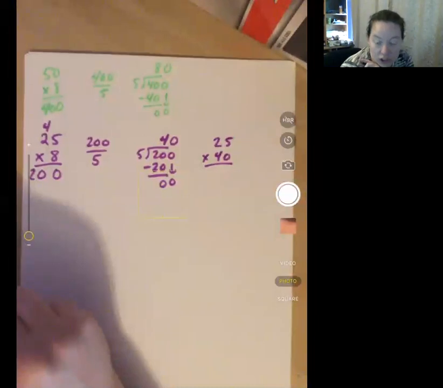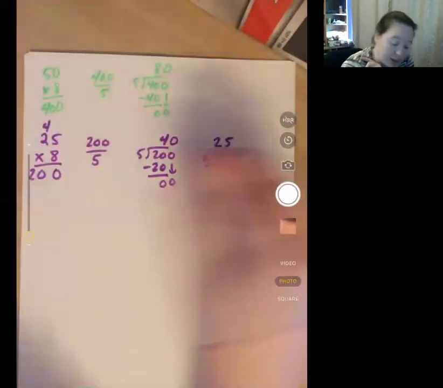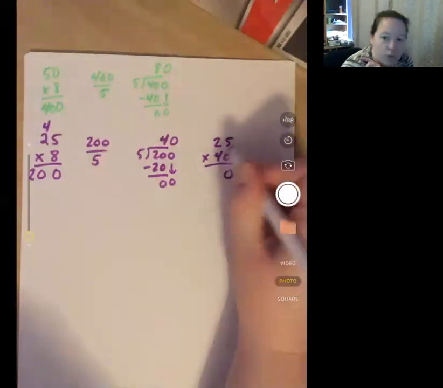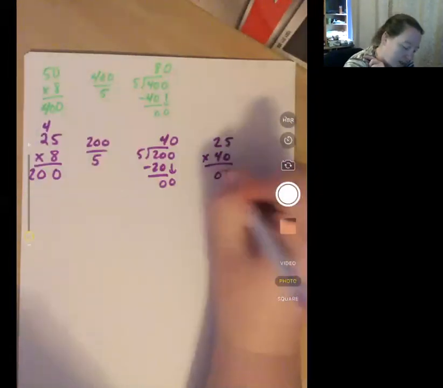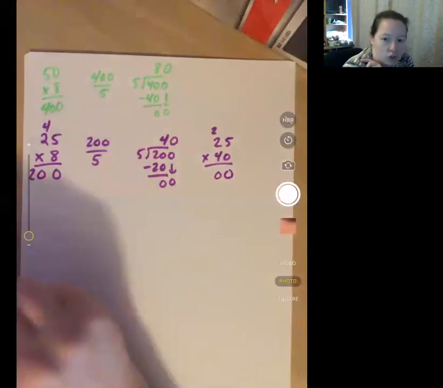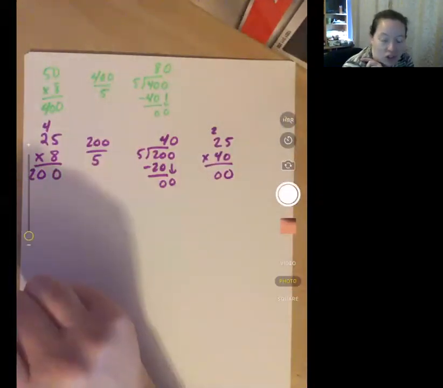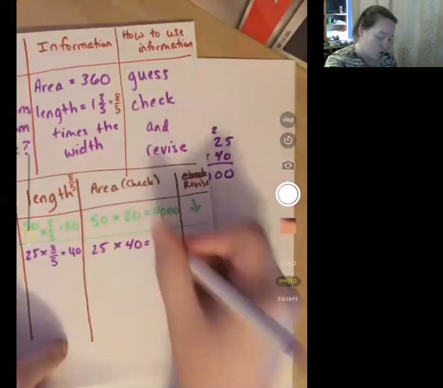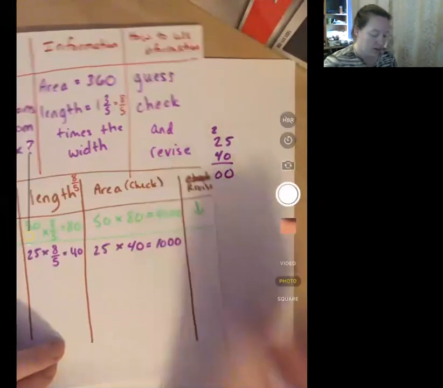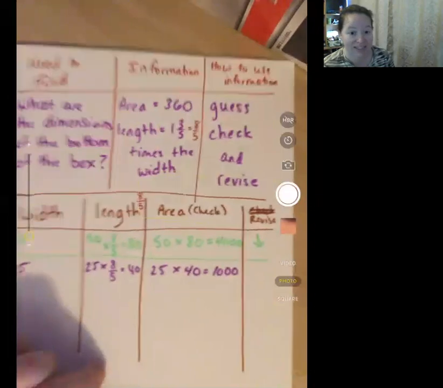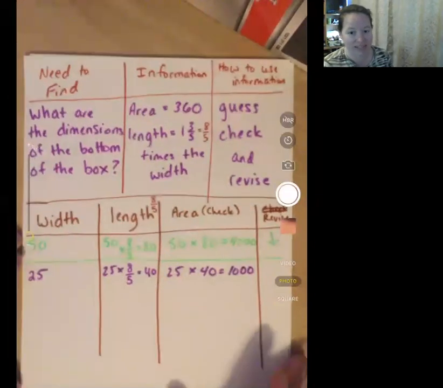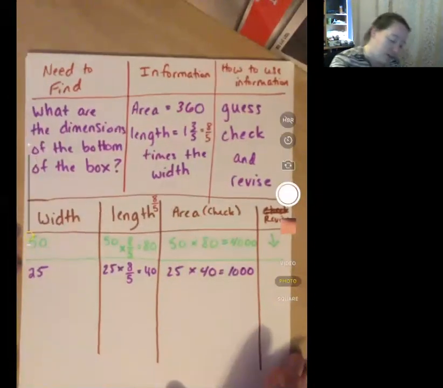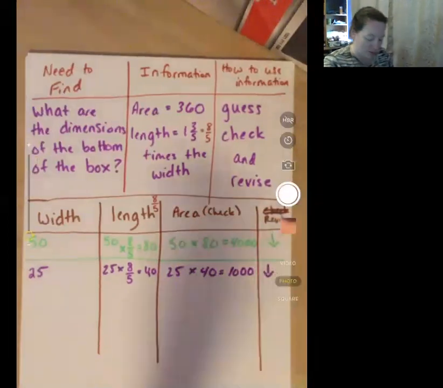That 0 is just going to make everything a 0 in the first one, so I'm not even going to bother with it. I'm just going to put in my placeholder and go 4 times 5, which is 20, 4 times 2, which is 8, plus 2, which is 10. So that gives me 1,000. Well, that is significantly lower, not as significantly lower as we want it. We still need to go down.